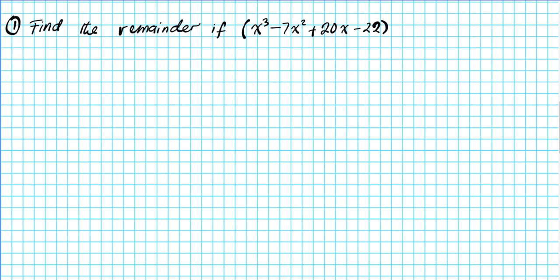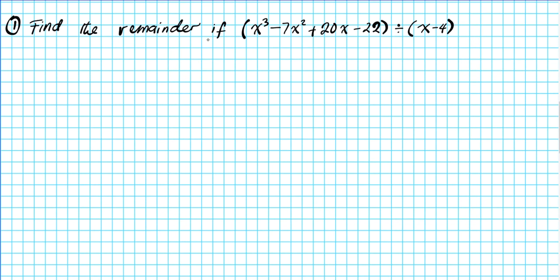Example number 1. We are to find the remainder if the polynomial function x to the third minus 7x squared plus 20x minus 22 is divided by x minus 4.